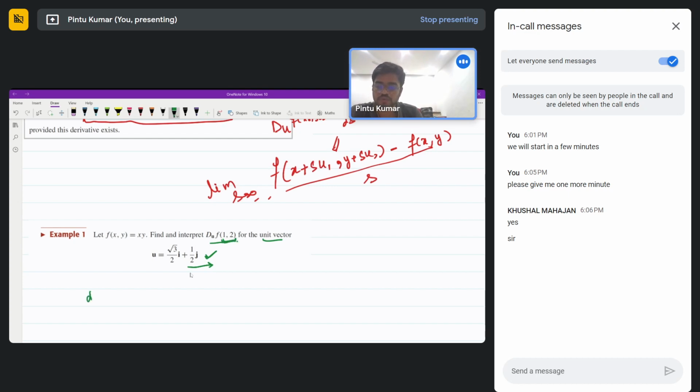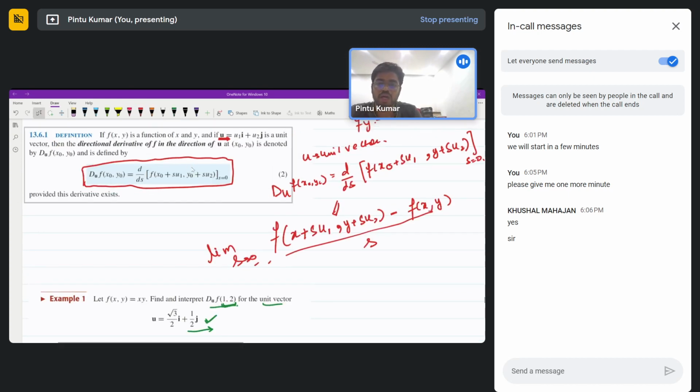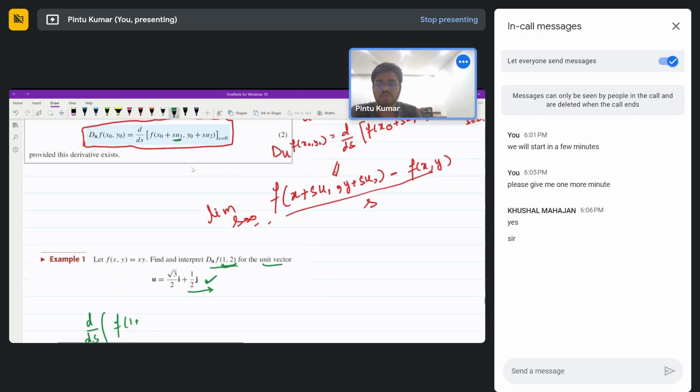So what was given, that it is d by ds of f of x, here x is 1, right? So this is 1 plus u1 times s. So the u1 over here is root 3 by 2 s, and y is 2 plus 1 by 2 s.